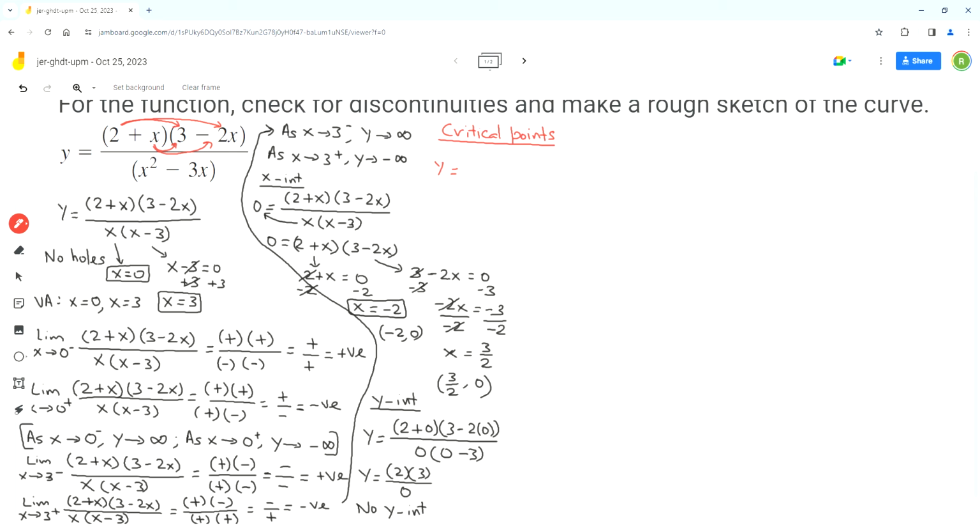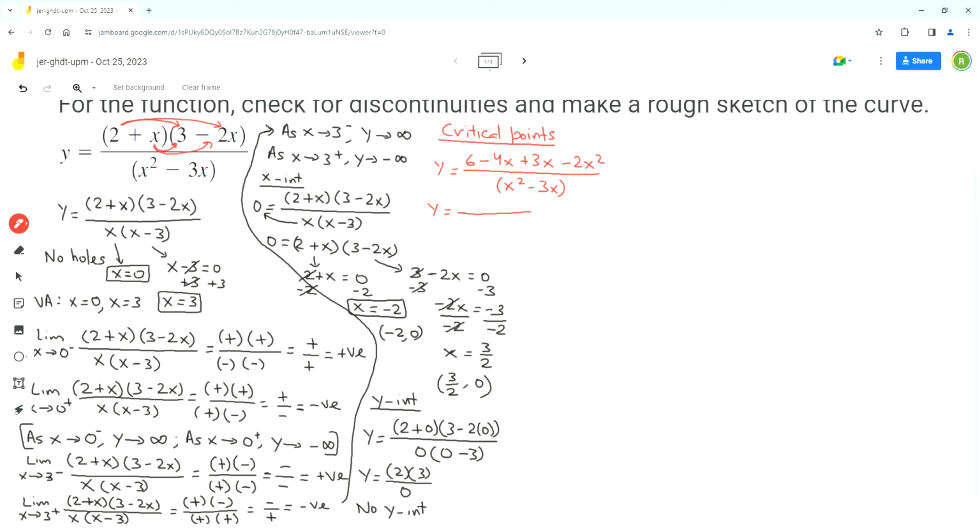2 times 3 is 6, and 2 times negative 2x is negative 4x, and then 3 times x is 3x, and then x times negative 2x is negative 2x squared, over x squared minus 3x. So now we can simplify this expression by combining like terms in the numerator.